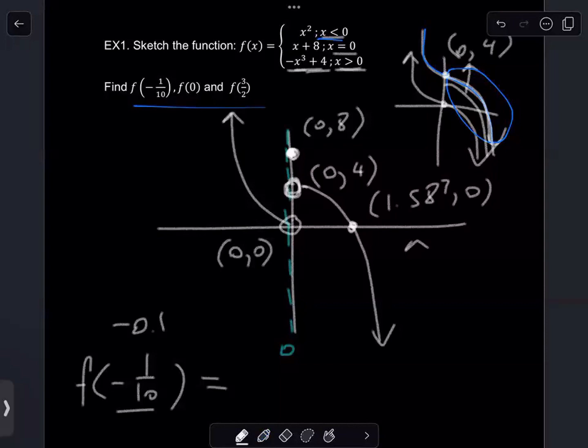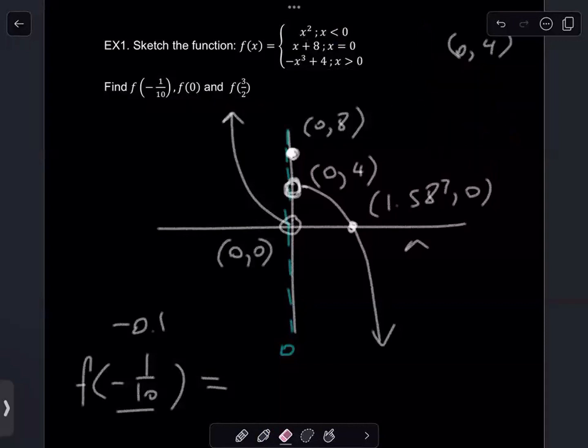So your y value is going to follow the y is equal to x squared part of this piecewise function. Okay, so we are going to have to take the x value, which is -1/10, or -0.1, and square it. We are following the first part of this piecewise function.